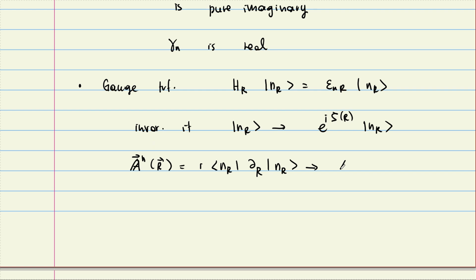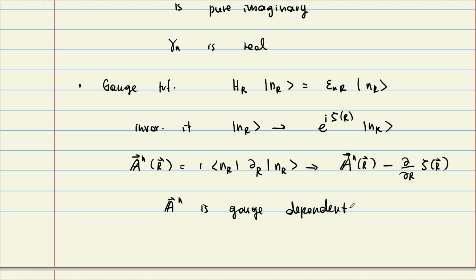Let me just write the result. So the result is going to be A n of R minus del R zeta of R. So then you can see A n is gauge dependent. Okay.